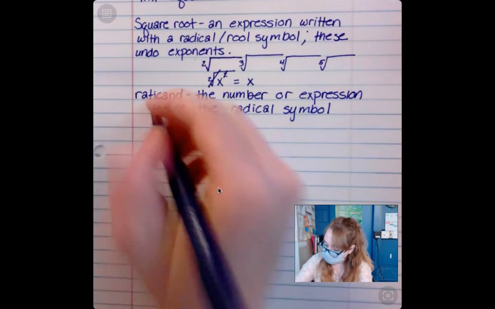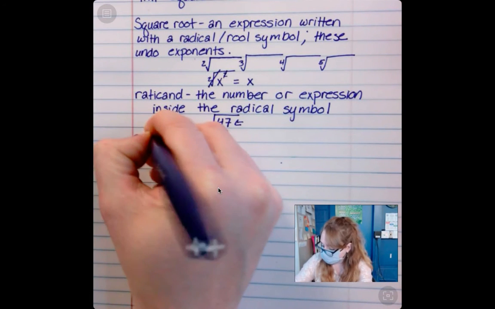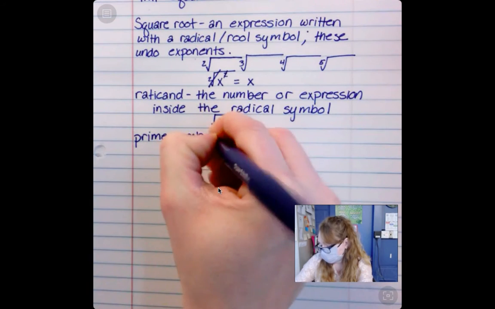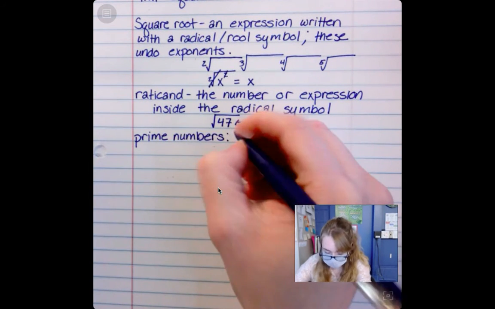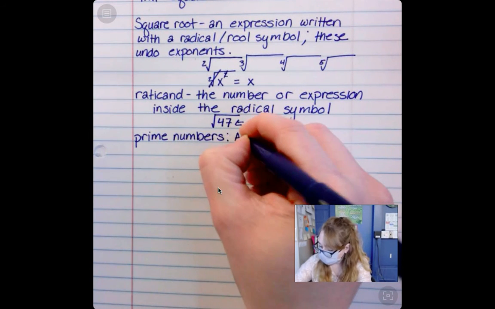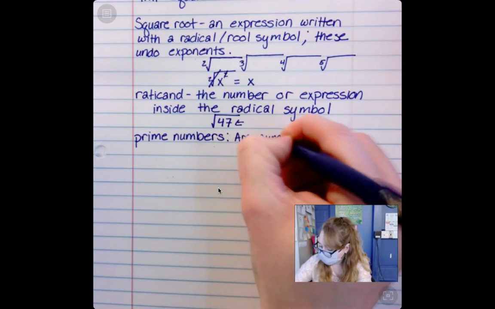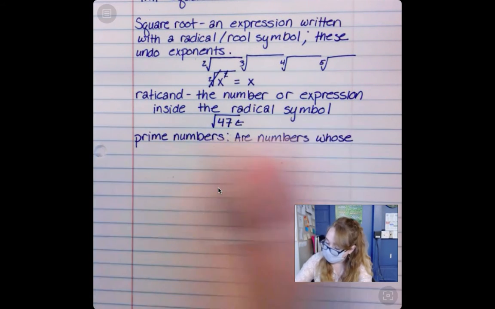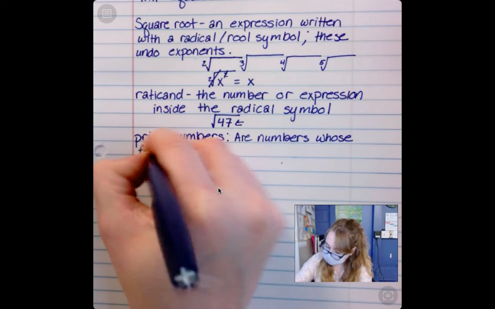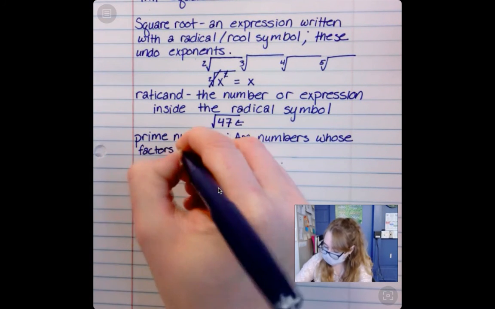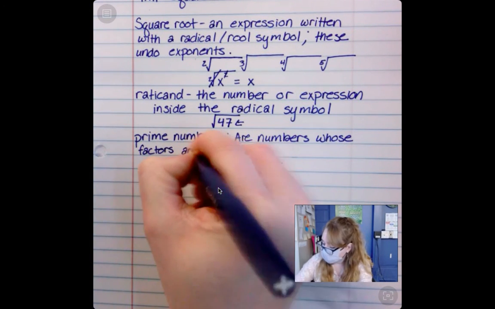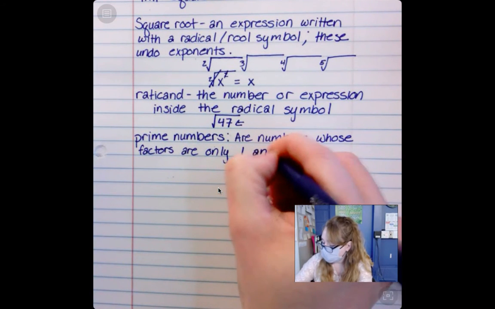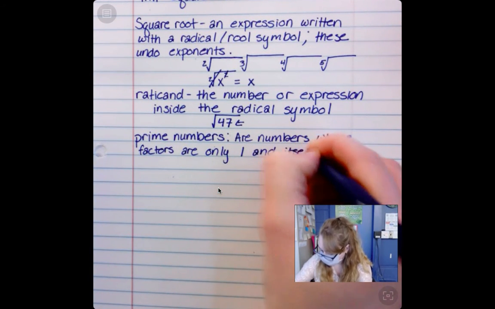Next, we have prime numbers. Now, prime numbers are numbers whose factors are only the number 1 and itself.